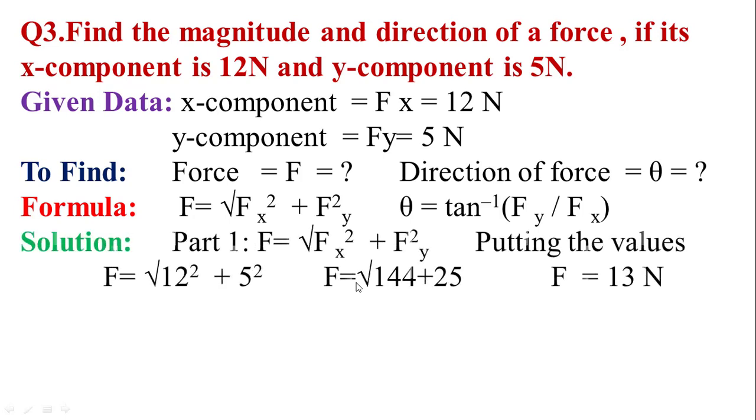First of all, we find the first part, the magnitude of force. In part 1, F is equal to square root of F of x square plus F of y square. Putting the values in the given relation, F is equal to square root of 12 square plus 5 square. 12 square is 144 and 5 square is 25.